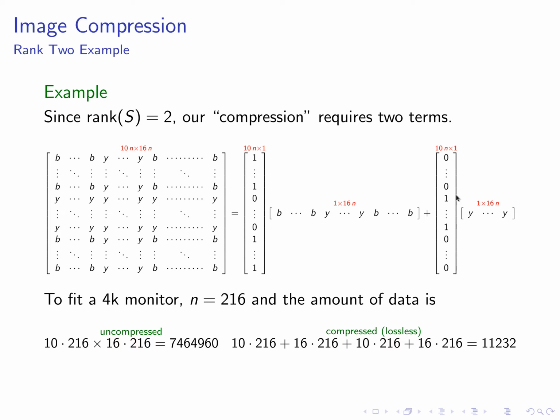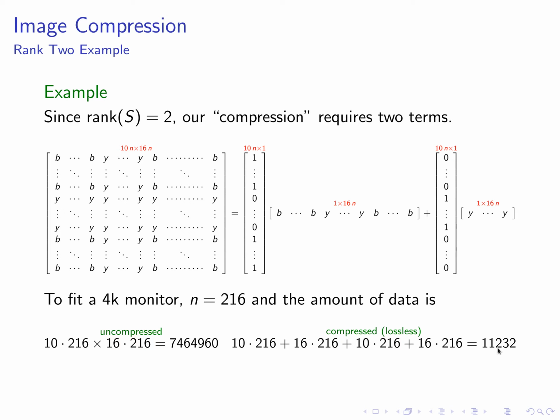Then in our next column times row, we have another 10 times 216 pieces of information, plus another 16 times 216. When we add all of these numbers up, we get roughly 11.2 thousand, or 11,232 on the nose. So we're saving a lot of data here.